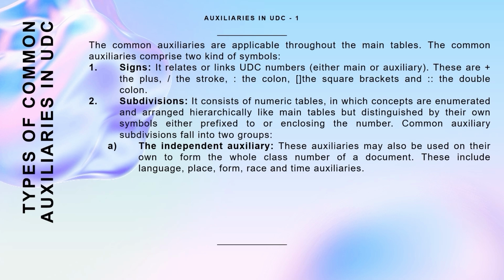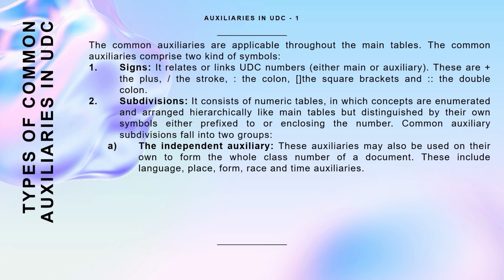number of a document. Suppose we want to classify a document on Indology, that is the study of India: Indian history, Indian culture, Indian religion, Indian language, Indian literature, Indian geography, and so on. So this subject is called Indology.